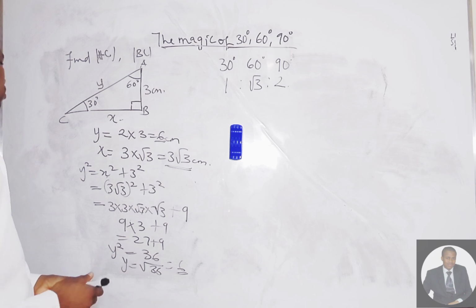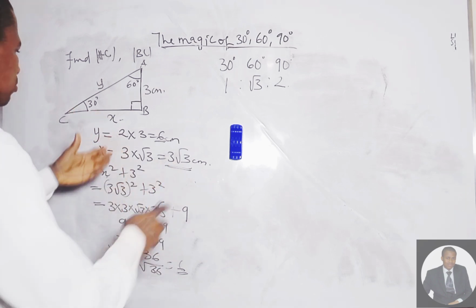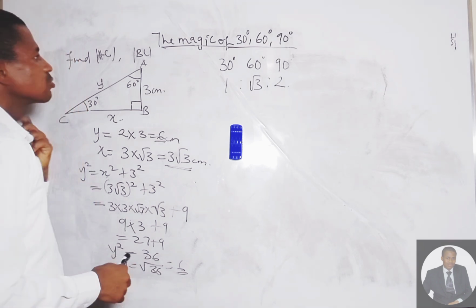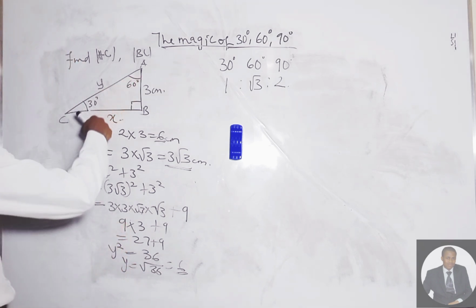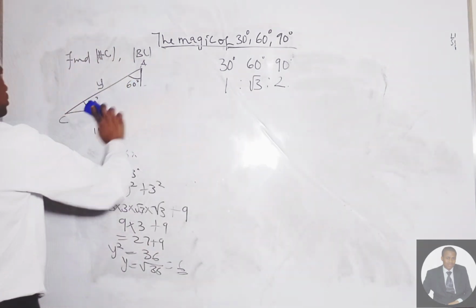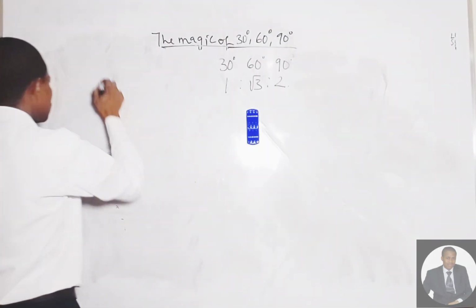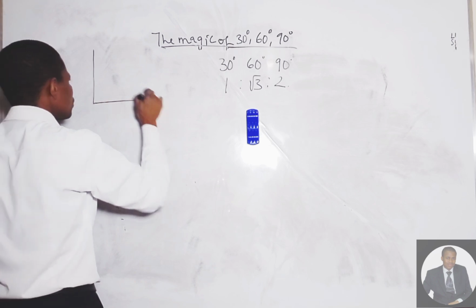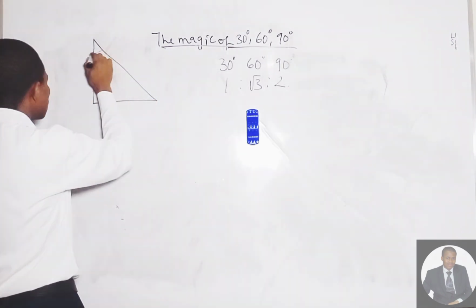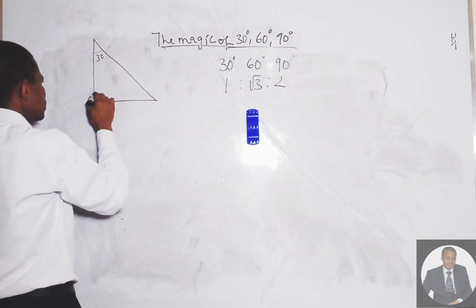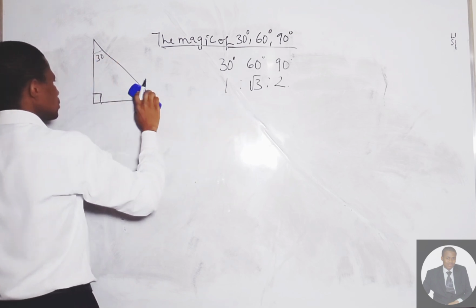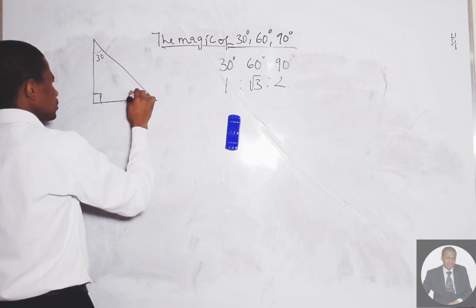So instead of taking time looking for Pythagorean theorem, cosine 30, tan 30, we just look at this ratio and we apply it accordingly. Another question: a right angle triangle, this way, 30 degrees above, and then the bottom 60 degrees.